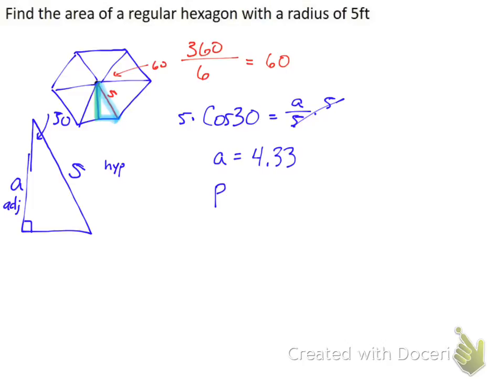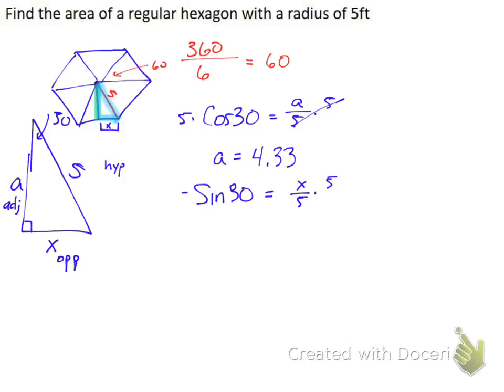Once I'm there, I can't find my perimeter yet because I don't know what the side lengths are. I only know the radius, and so I actually want to find out what x is, this bottom piece, because I know that'll help me to find my perimeter. This is x right here, and so I can then find the perimeter using whatever x is. So to find x is my opposite, so I'm going to go sine of 30 is equal to x over 5.